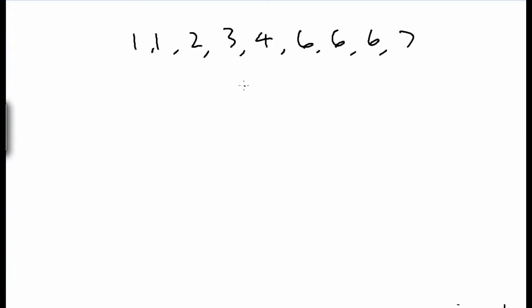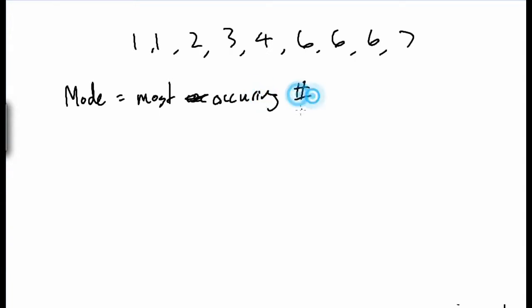I have a data set right here. It's a regular data set, and we're going to discuss the properties of this data set. The first property is probably the mode, which is the most occurring number. The mean, which you should know, is the average of all the numbers.